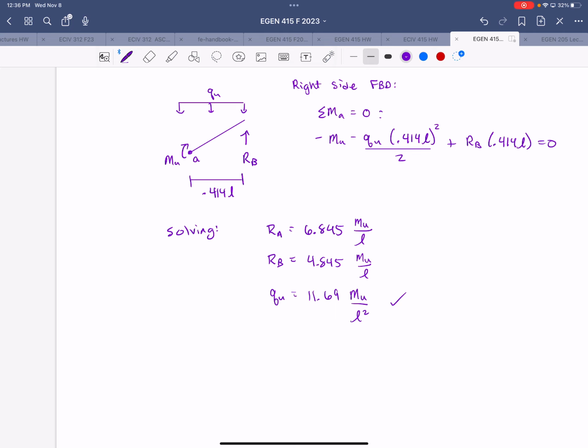If it was a different shape or a different loading pattern, we'd have to take a new one. That's not a set value. That's unique to this configuration and loading. Yep. Any other questions?